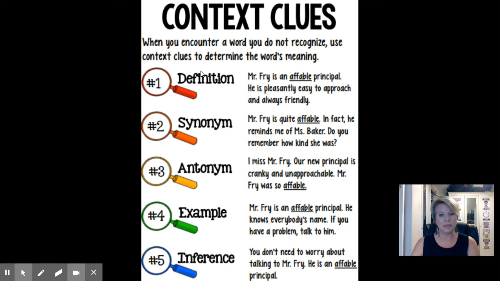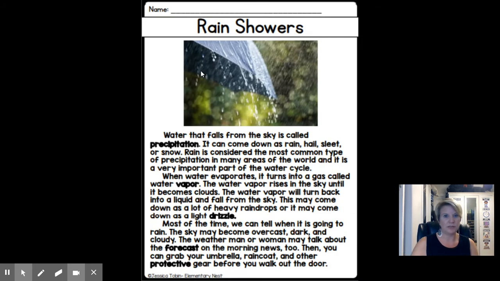Could there be an antonym so I know the opposite of what that word means? So if I know the opposite, I can figure out what the word means. Or is there an example that gives me ideas of what it means? Or can I inference and use my predicting skills based on what I already know? So we're going to do that as we read our story, Rain Showers.